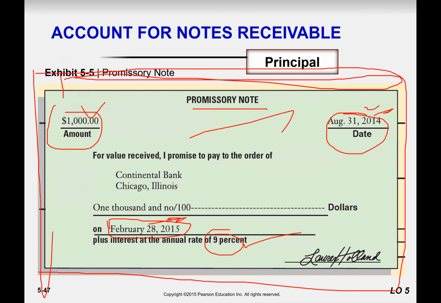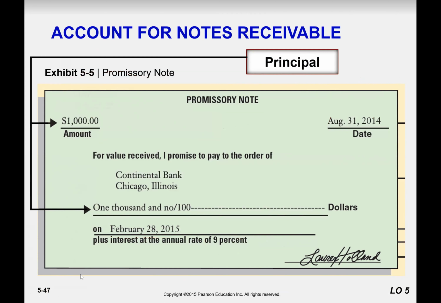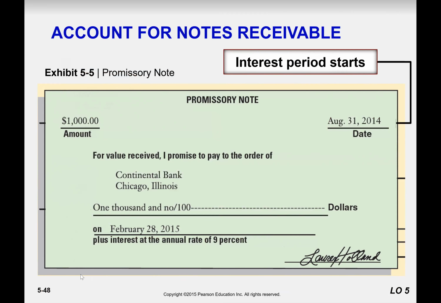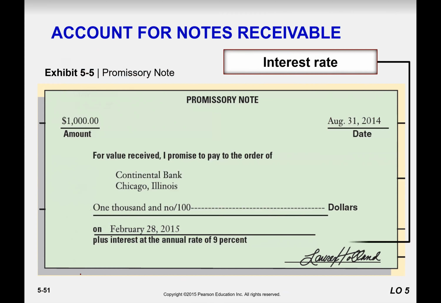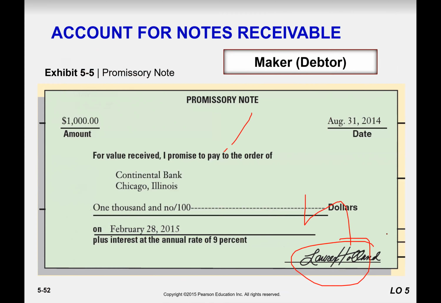So let's see that. If we are having our question here, we will be seeing that. See, that is the interest period start, and that is the payee, the maturity date, the interest rate, which is annualized, the debtor payments already there. Who is the debtor? Who signed it here? This is the signature here.